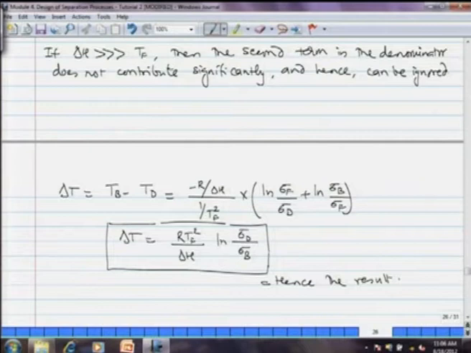Then you have the final expression: delta T is equal to R into Tf square divided by delta H into ln sigma D by sigma B. The negative sign is absorbed by reversing the ratio inside the bracket, sigma B by sigma D. Thus we have a very handy expression for the temperature drop across a distillation column.